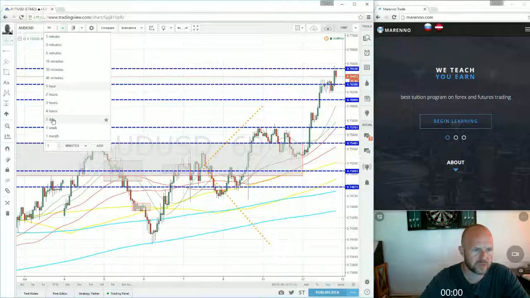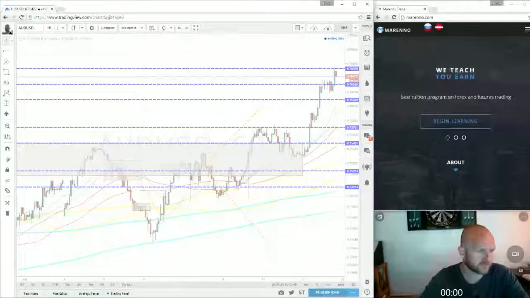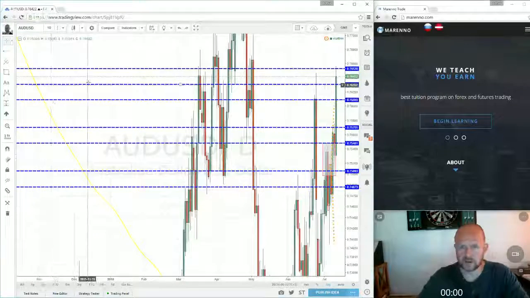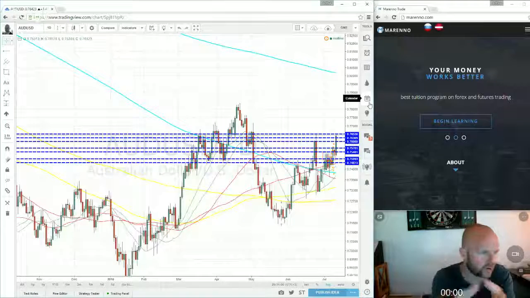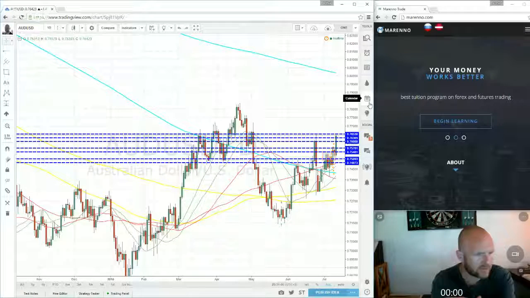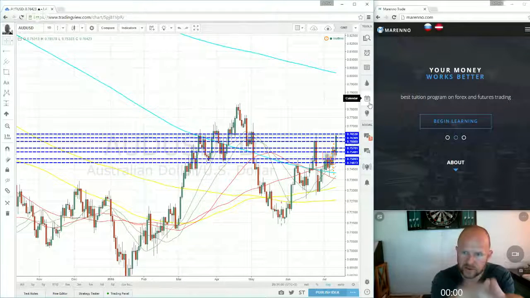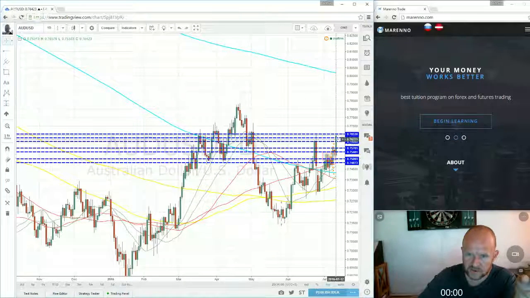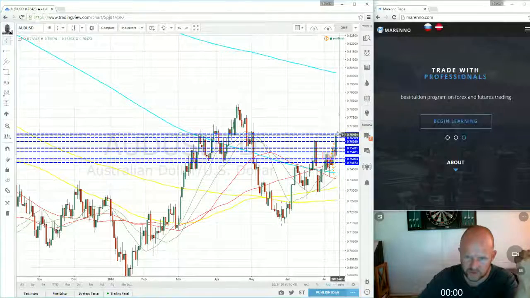Let me show you a bit more. Loading data. Okay. So we do know that every 25 pips, the price is reacting on these levels. So 0.77, and we don't actually have on a daily chart any reversal patterns at the moment.